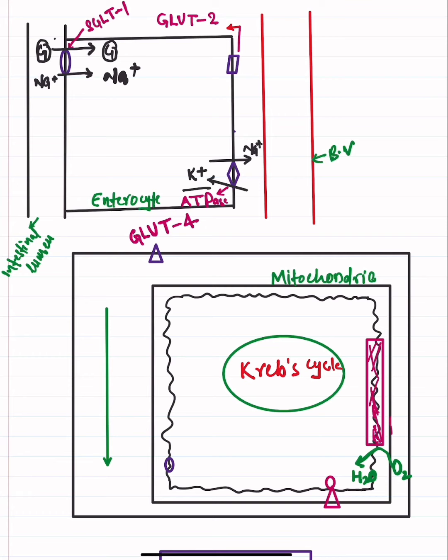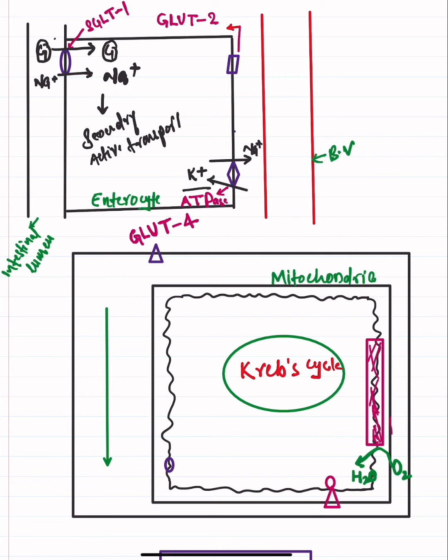SGLT1 is not using energy itself, but because of it, the sodium potassium ATPase is functioning. That means indirectly SGLT1 is using ATP. This process is called secondary active transport.